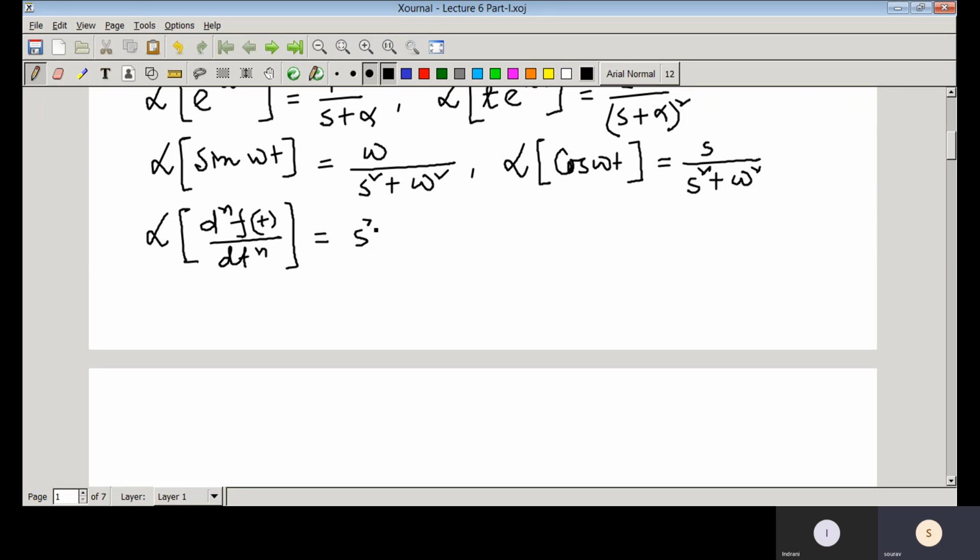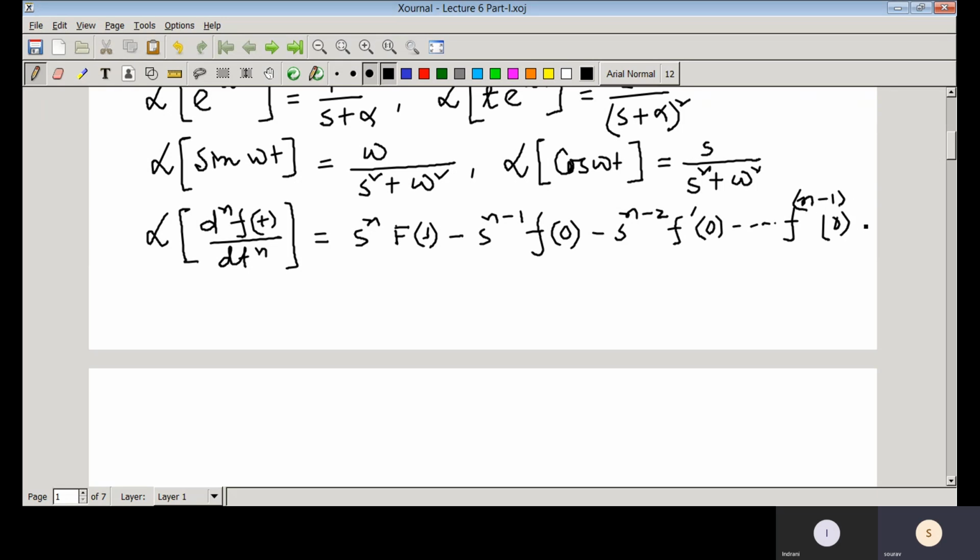It is s to the power n F(s), where F(s) is the Laplace transform of f(t), minus s^(n-1) f(0), minus s^(n-2) f'(0), where f' is the first order derivative of the function evaluated at t equal to 0, up to the (n-1)th order derivative evaluated at t equal to 0.